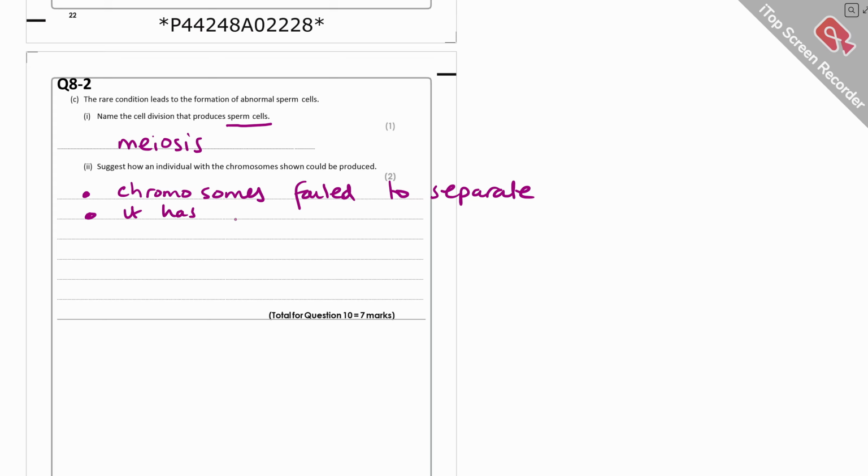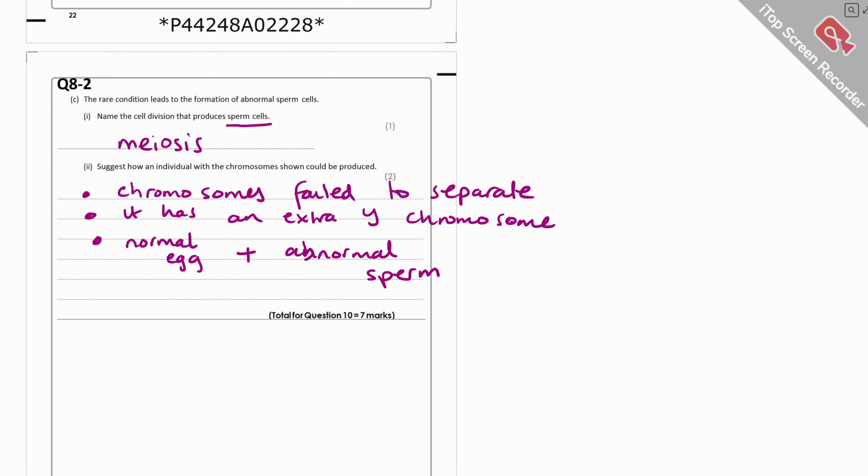It has an extra Y chromosome. You have a normal egg being fertilized by an abnormal sperm. Right, okay, that's it done. Let's put this up then.